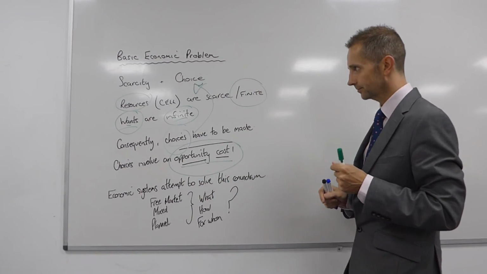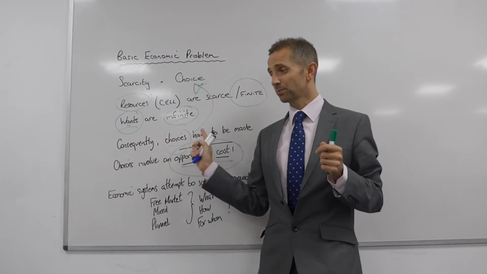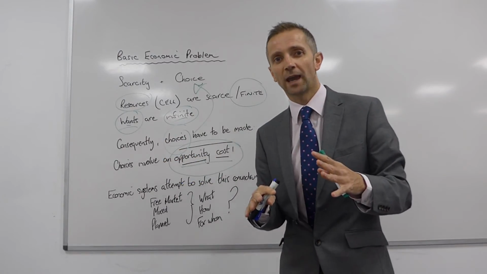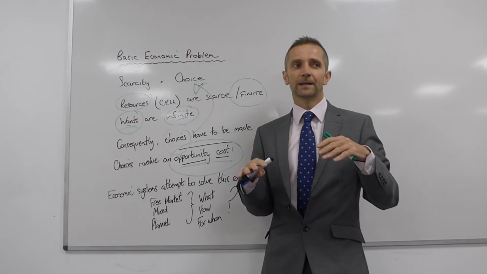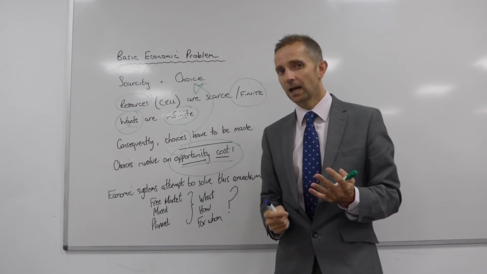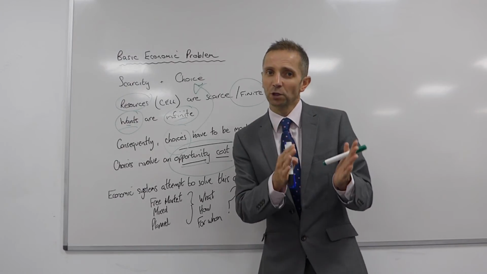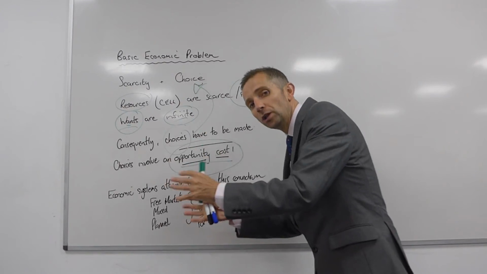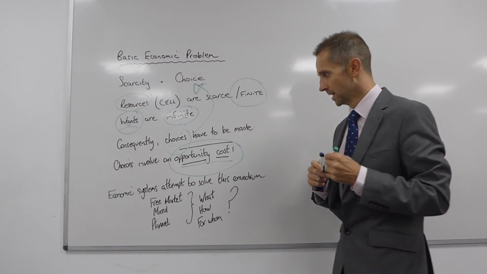And this problem of scarcity and choice, it's not just common to the UK, it's not just common to the United States, this arises globally. And of course, different countries take different approaches to solving this particular problem.